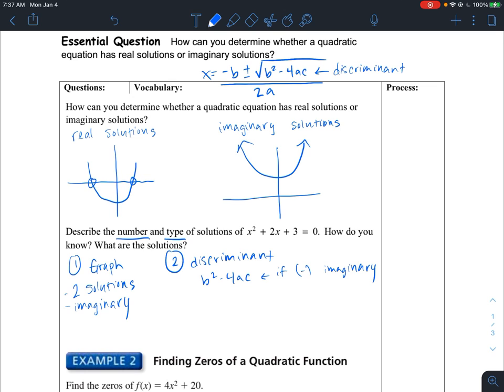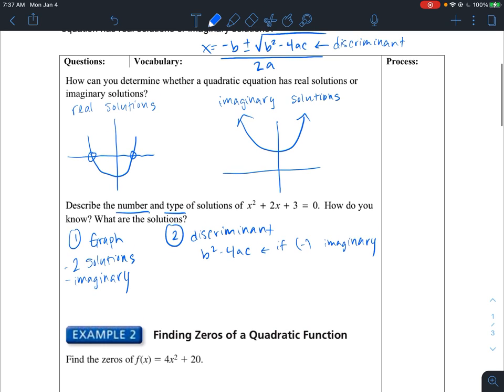So let's just test it. We already know, but let's just test it. In this equation, a is equal to 1, b is equal to 2, c is equal to 3. If we plug this in, b squared, which would be 2 squared, minus 4 times a times c, is equal to 4 minus, so this is going to be negative 4, and then negative 4 times 3 is negative 12, so 4 minus 12, which is equal to negative 8.